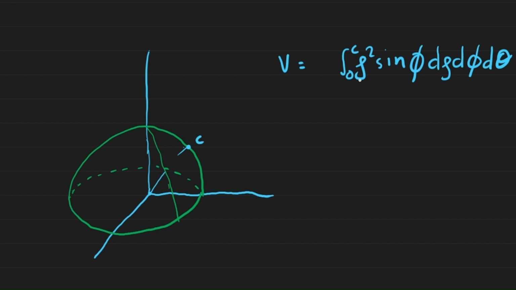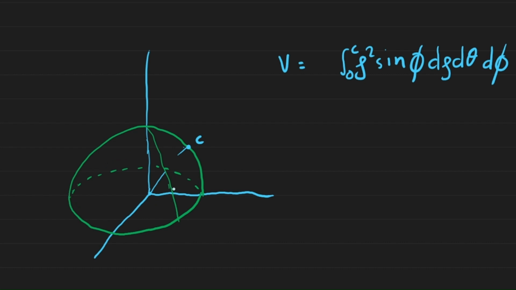Then we can look at theta, for example. Okay, let's integrate with respect to theta. So let me just reverse this order of integration here. Let's go with theta first and then phi. So theta, as you would recall, is the angle between the x-axis and whatever point we're considering. And we can see that it's actually a full circle.